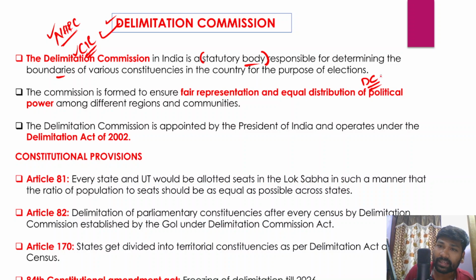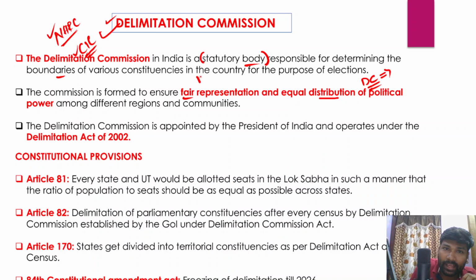So why does the Delimitation Commission divide the territory into a number of constituencies? For the purpose of conducting elections, right? So for the purpose of elections, the Delimitation Commission would divide the territory into a number of constituencies. And in fact, the commission is formed to ensure fair representation and equal distribution of political power.